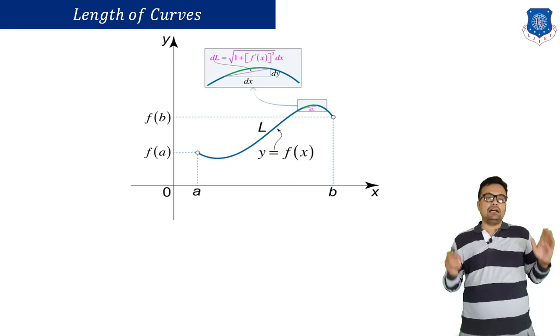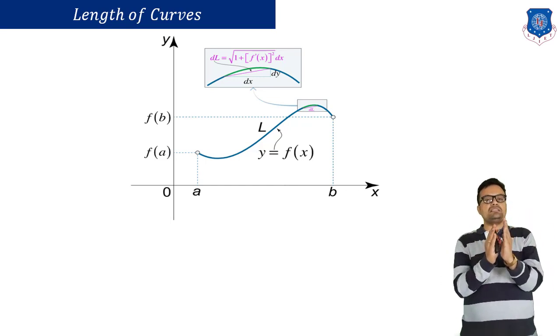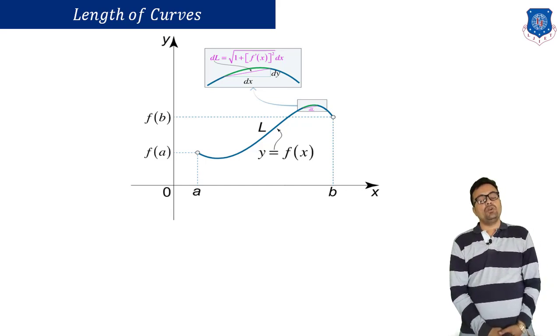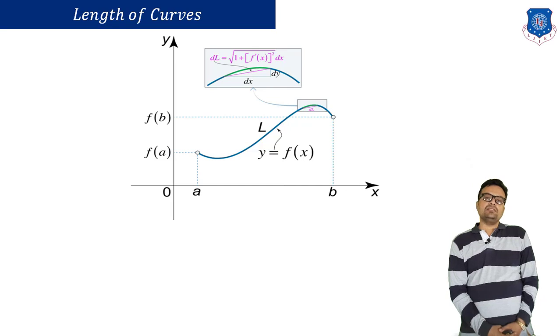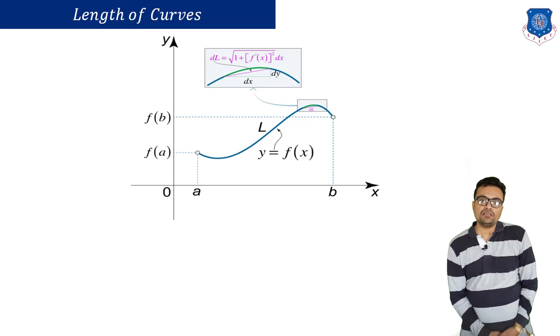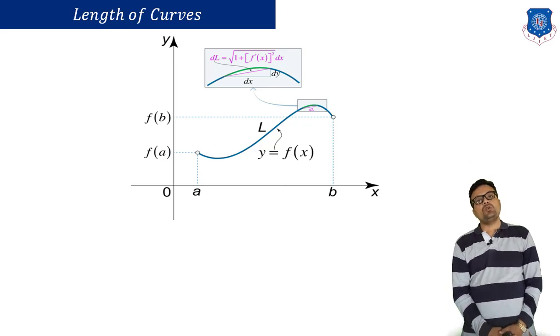So what I'll do, I will zoom in to the smallest possible part, and then I'll figure out what is actually this length in the smallest possible part. If you reduce the length up to a single point, then in the neighborhood you will figure out that it is nothing but a straight line, and that straight line is nothing but the tangent. This is how we are dealing with the tangent of the curve.